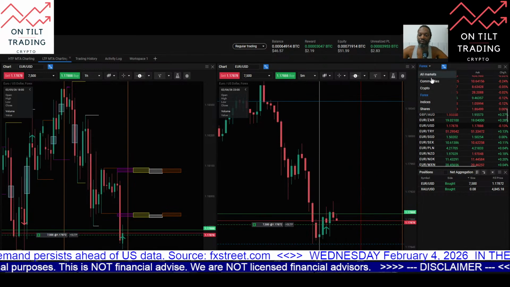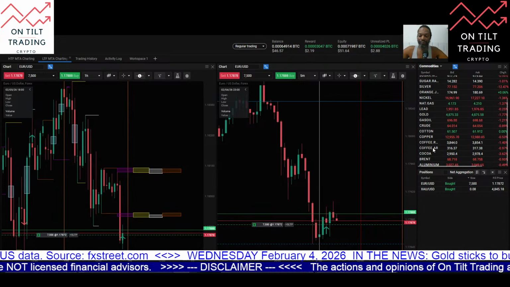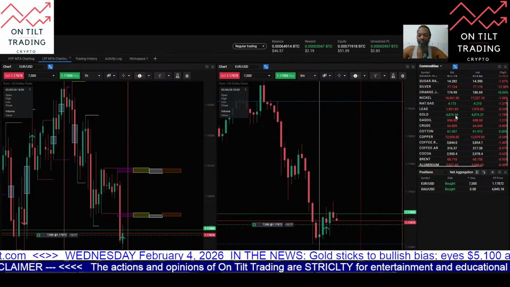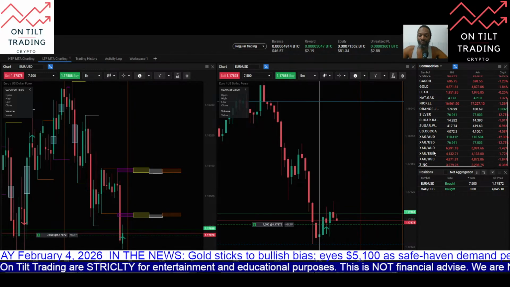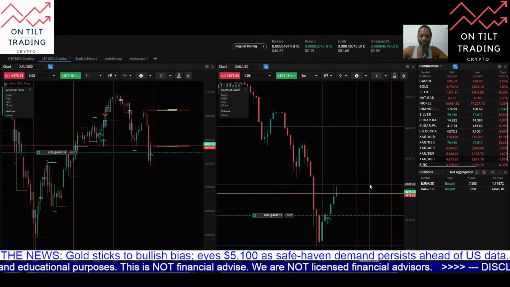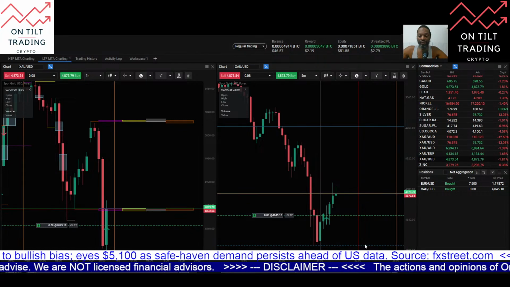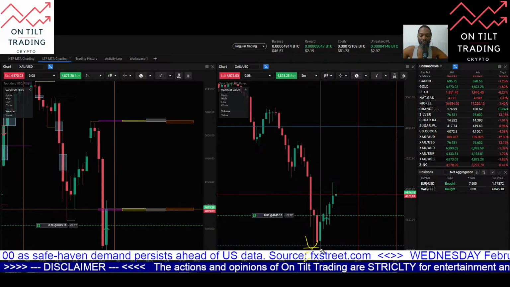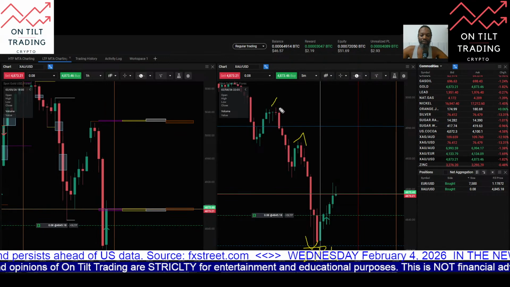And for gold, same idea. Put my charts out of order, or have my watch list out of order here. And same thing here with gold. So with this swing low here, this is external range liquidity. And then there is a swing high here, swing high here.